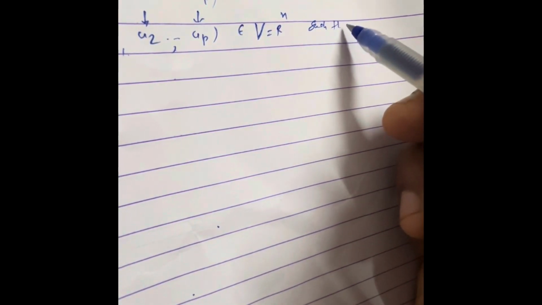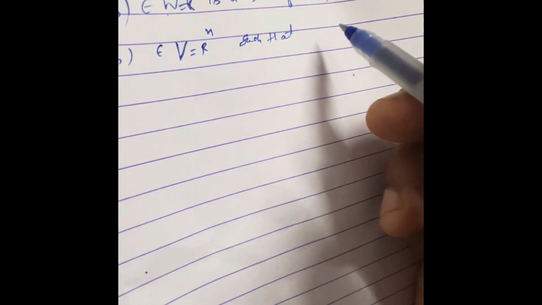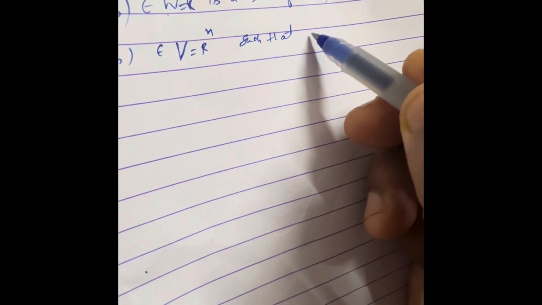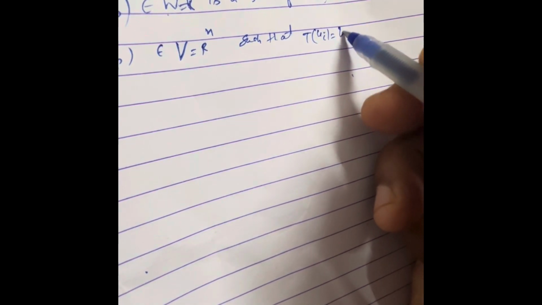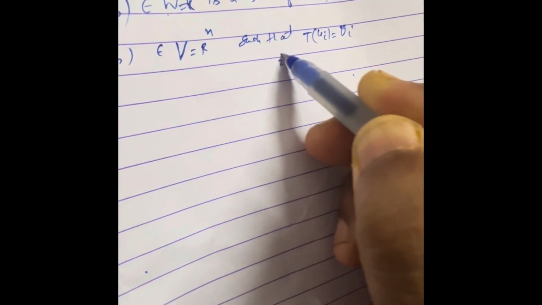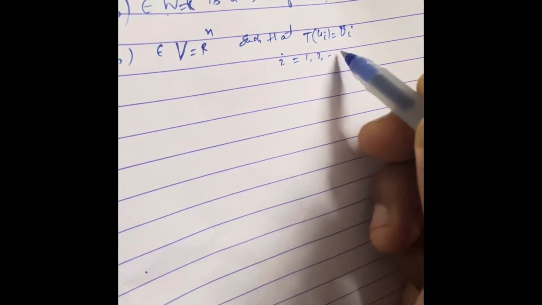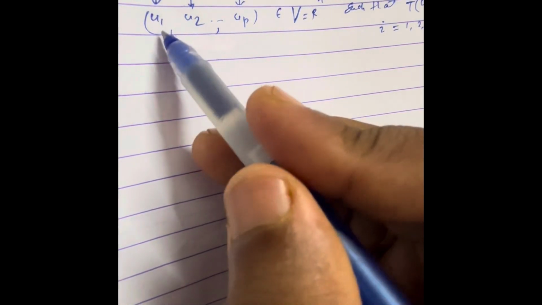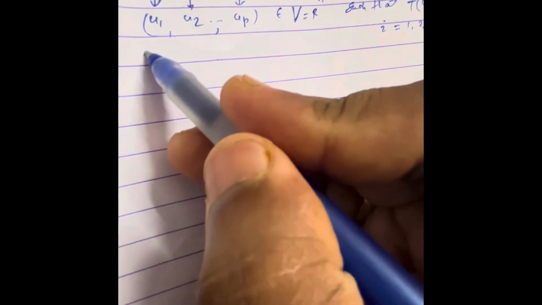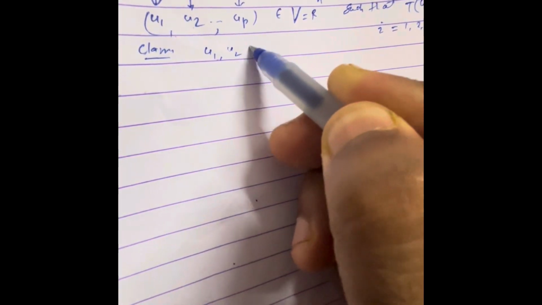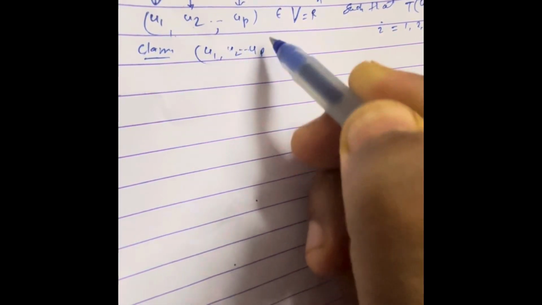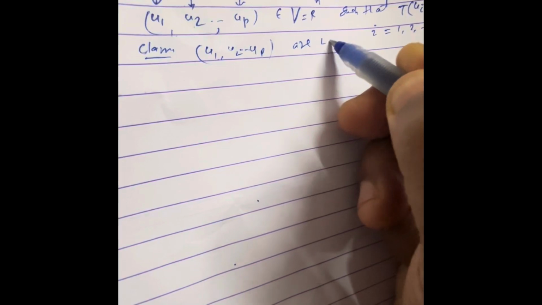such that T of ui is vi, with i from 1 to p. Now we claim that these vectors u1, u2, up are linearly independent. Number one, the claim is that u1, u2, up are linearly independent.